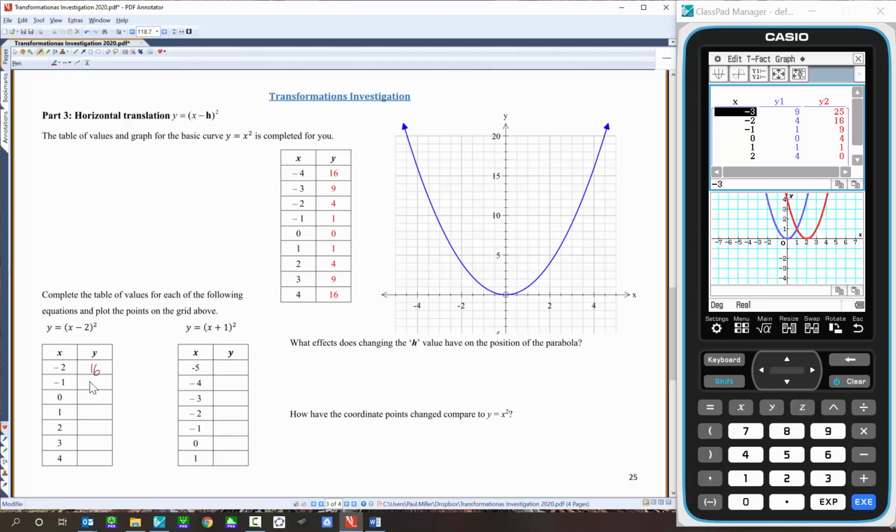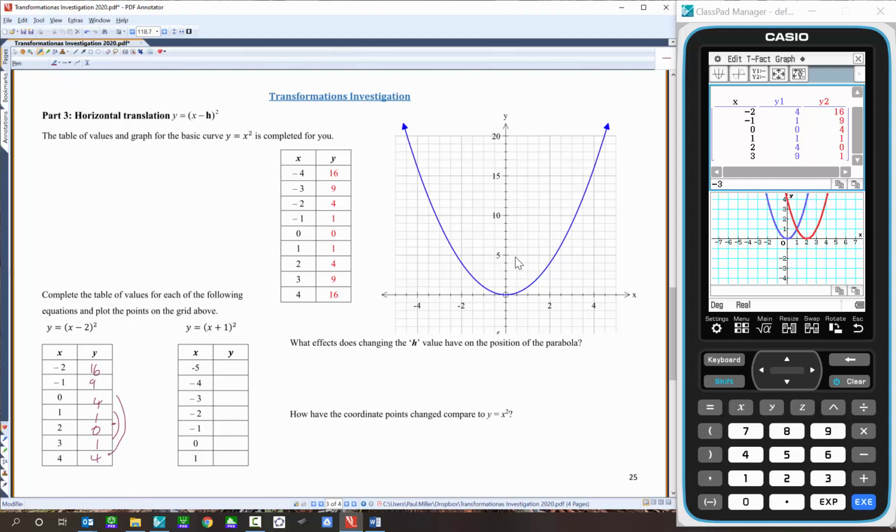Then it's 9, 4, 1, 0, 1, and what's the 4 going to be? 4 take 2 is equal to 2, 2 squared is equal to 4. So you can see the symmetry comes in there. Okay, so this one here would have to be 9. Would it be 5, 9?